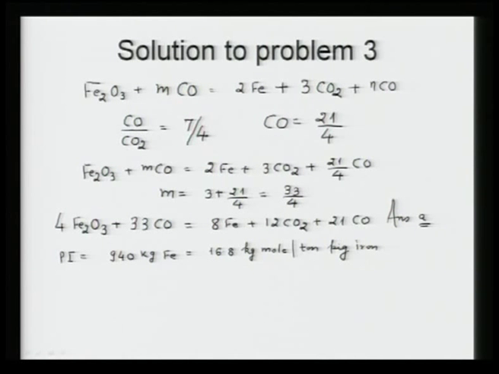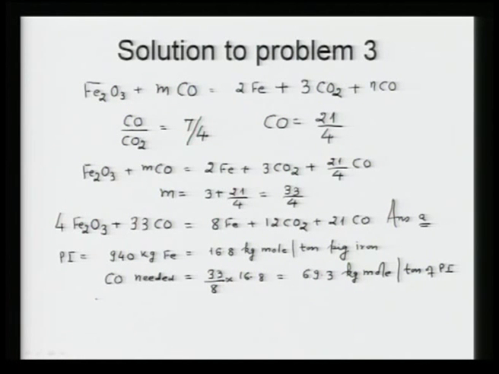So, therefore, the carbon monoxide which we need according to our stoichiometric equation is equal to 33/8 into 16.8, because 2 moles of iron appear in the equation. So, that is equal to 69.3 kg mole, of course, per ton of pig iron. Pi stands for pig iron.